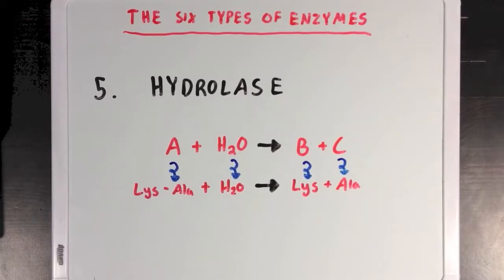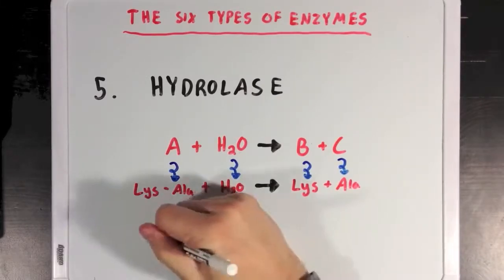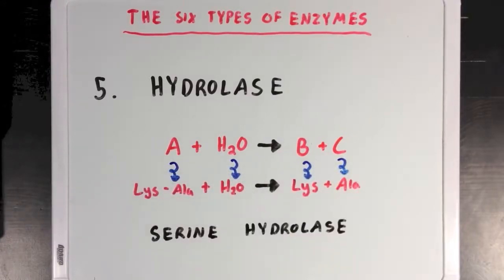This particular hydrolysis reaction can be catalyzed by a class of enzymes that we call serine hydrolases, which some people call serine proteases. They are named this way because they are hydrolases that use a serine residue as the key catalytic amino acid that is responsible for breaking the peptide bond.